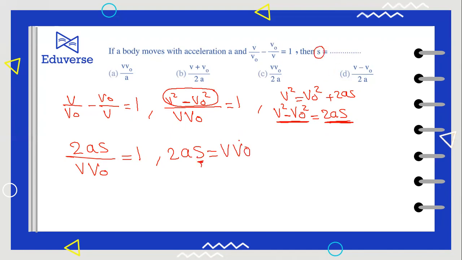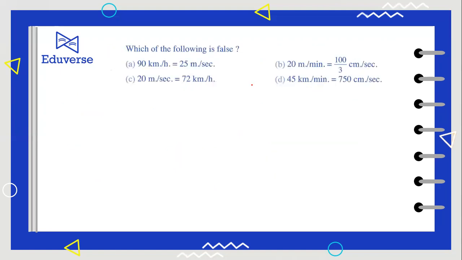I want the value of S, so 2a goes to the other side by division. Then S equals V naught over 2a. That's the value of S here, number C, V naught over 2a. Next one.